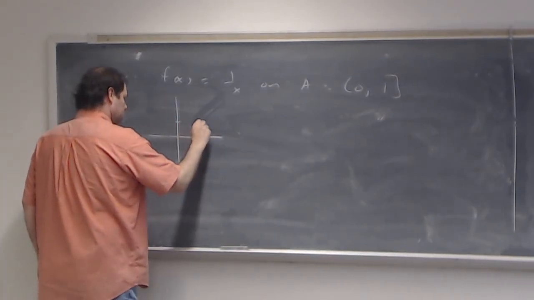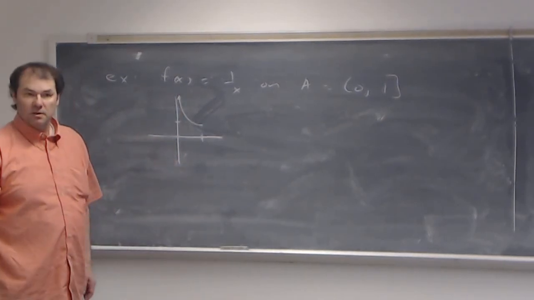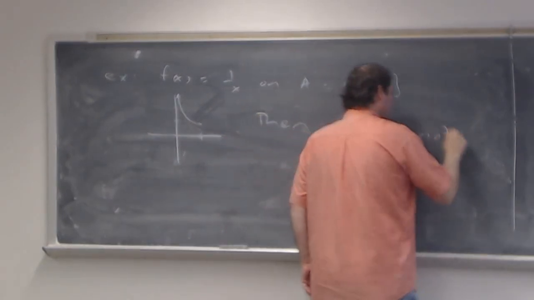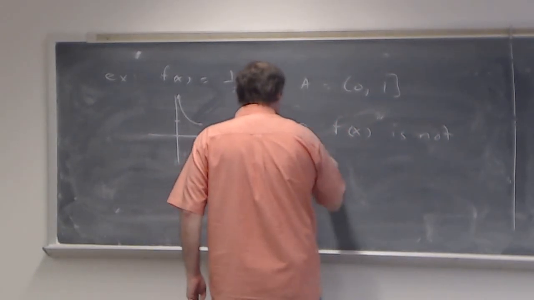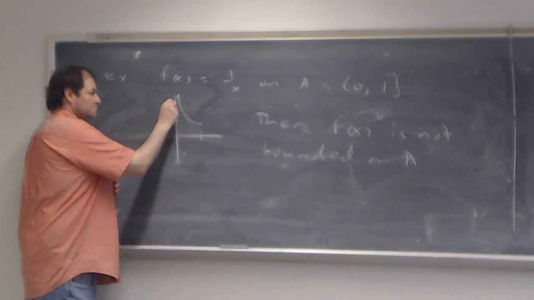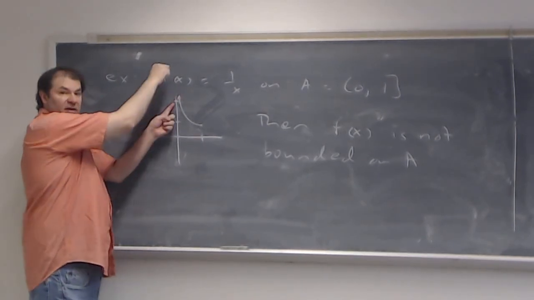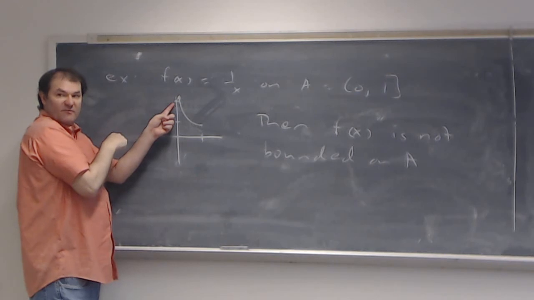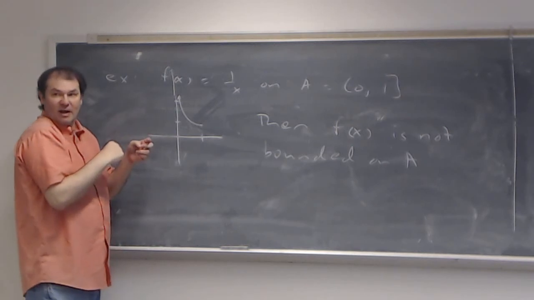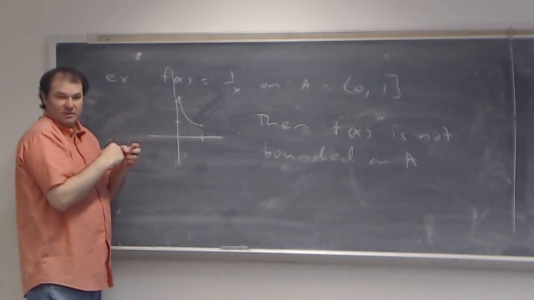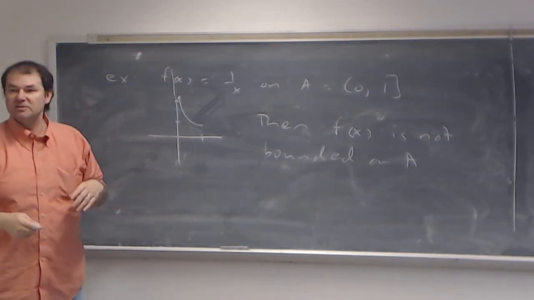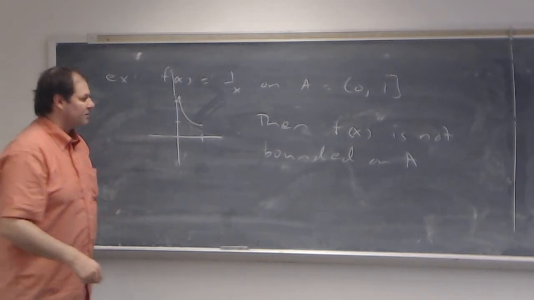Then f of x is not bounded on A, because no matter what M you give me, does the output value, the y value, ever get above that M? Sure. If you said I didn't pick that, I picked this one, does the output value get above that? It sure does. No matter what positive number you give me along the y-axis, the output values get above it. Does that make sense? So it's not bounded on that.